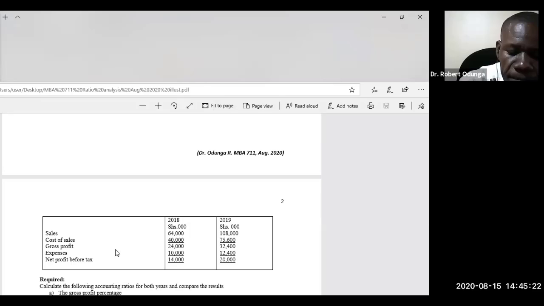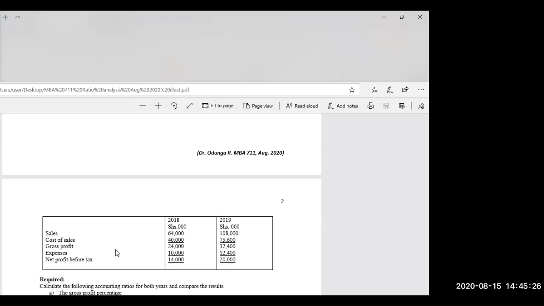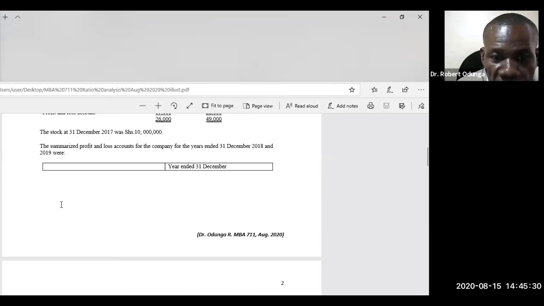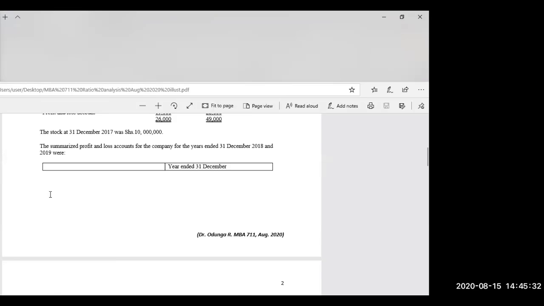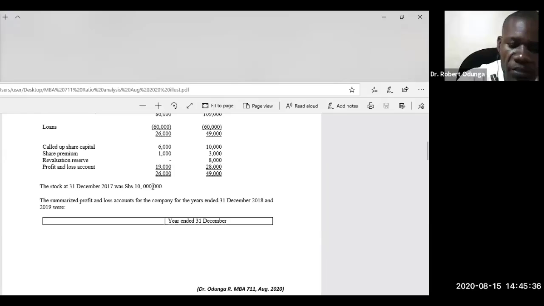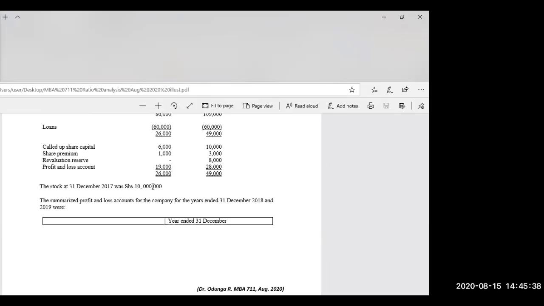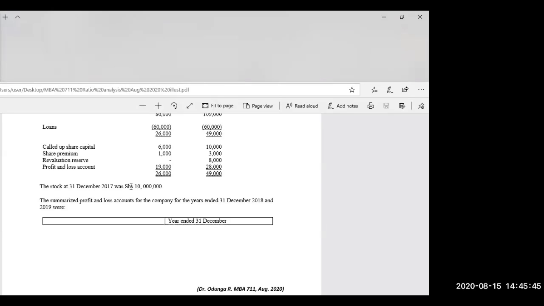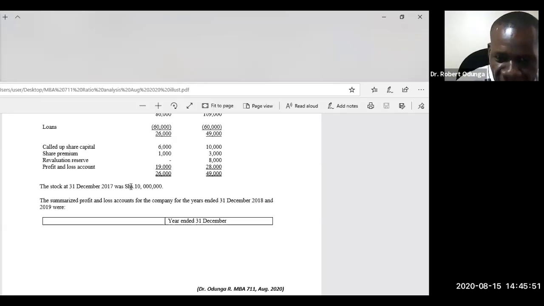So 40,000 is equal to opening stock for 2018, which we've been told was 10,000. This 10,000 was the closing for 2017, so it becomes the opening for 2018, right?